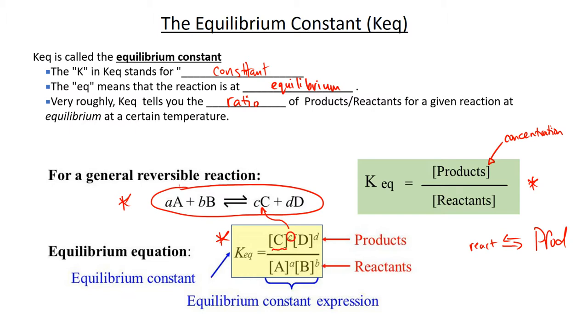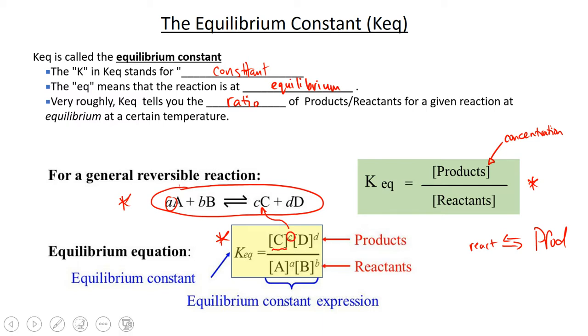Then we multiply that by our next product, the concentration of D raised to the power of its coefficient. This is divided by our denominator, which we come up with the same way: the concentration of reactant A raised to the power of coefficient A, multiplied by the concentration of reactant B raised to the power of B. When we plug in the numbers, calculate it all out and simplify, we get a value. That's what we call our KEQ value.